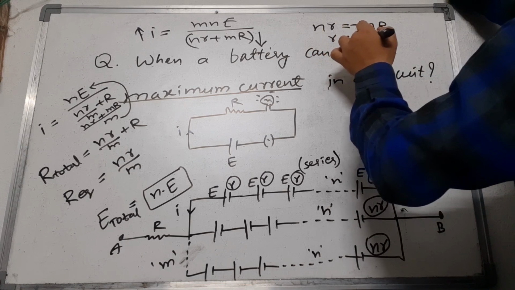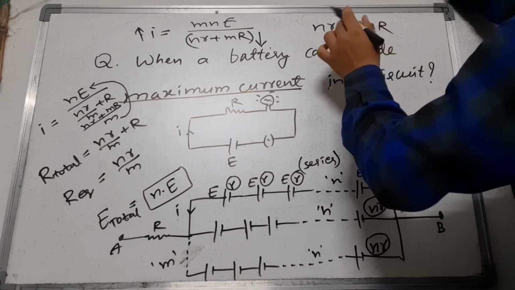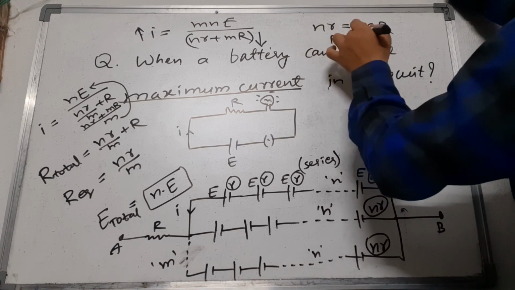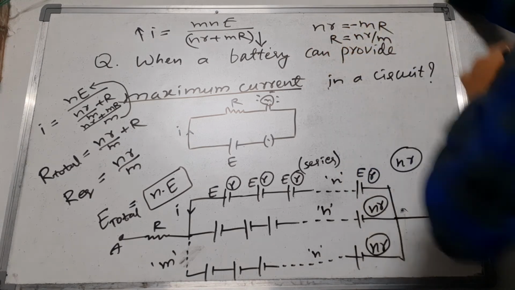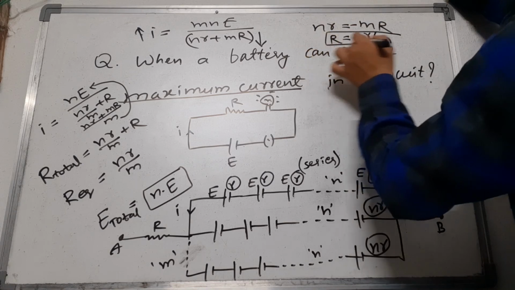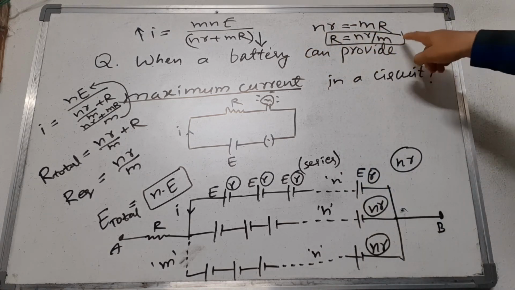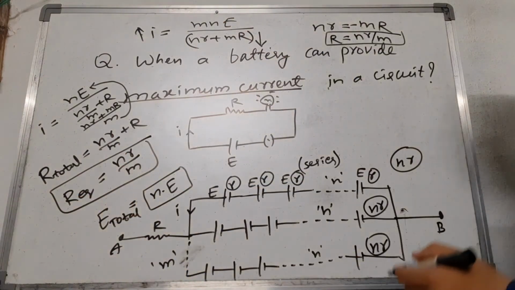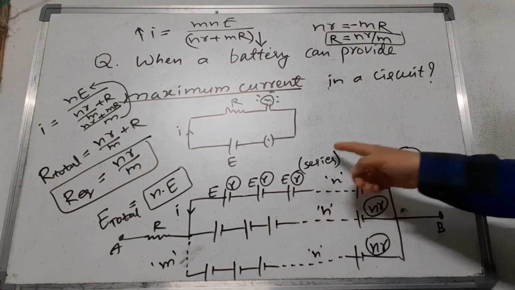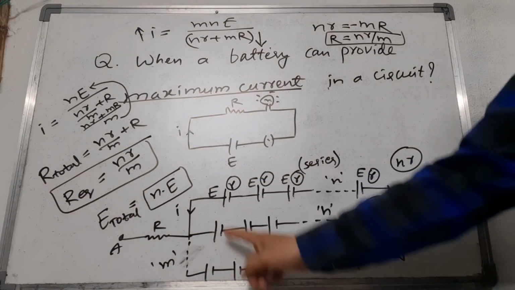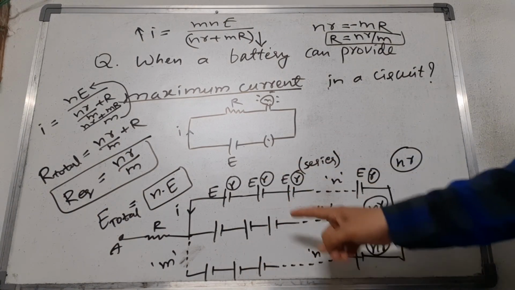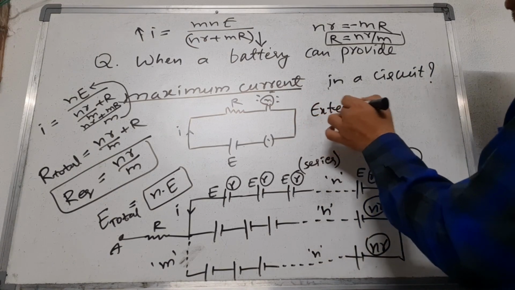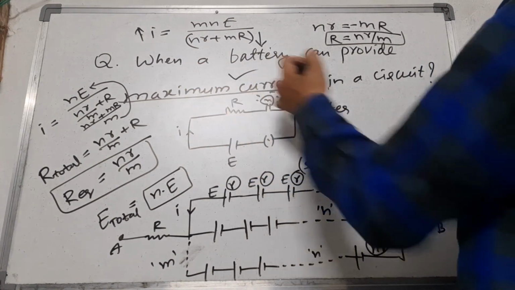R is equal to, otherwise this total capital R is equal to NR by M. NR by M means what? NR by M is the total internal resistance of this circuit. Total internal resistance of this circuit. So if external resistance is equal to internal resistance, then current will be maximum.